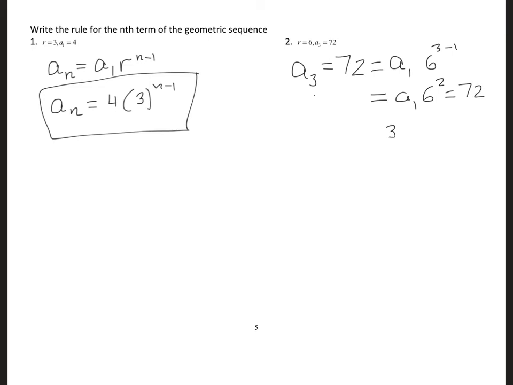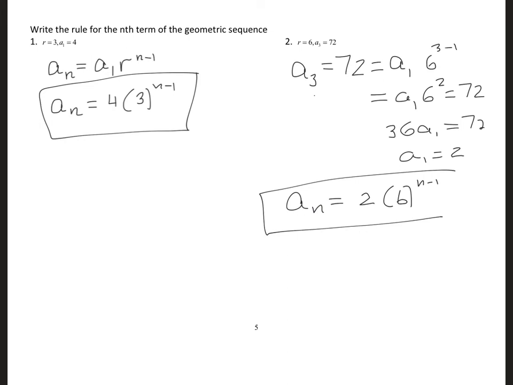So this is 36 times the first term is equals to 72. So that means the first term is, I divide by 36 both sides. So the first term is 2. And then I can write the formula. The nth term is given by 2, then the ratio is 6, and then n minus 1. So there we go. That's the formula.